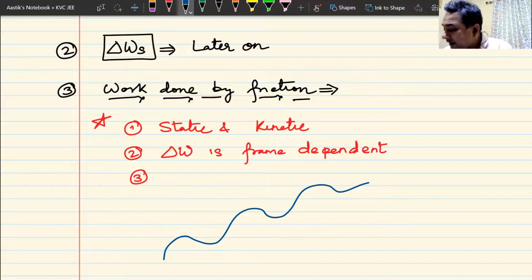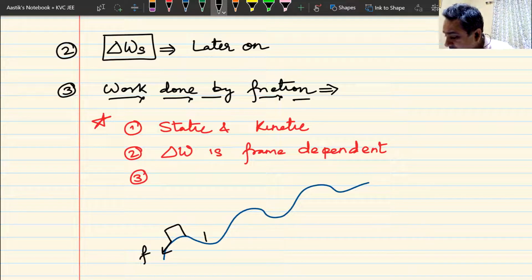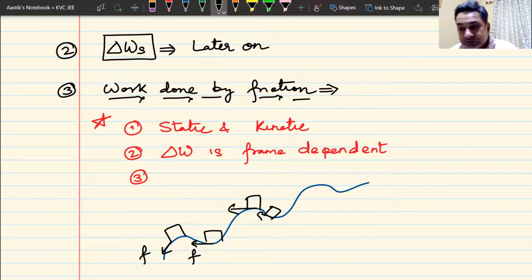If this is a zigzag path and my car is moving here on this zigzag path, at this point, the direction of friction is like this. But if I come to this point, the direction of friction becomes like this, even though the value is same. If I come to this point, the direction of friction is like this. When I'm here, the direction of friction is like this. Friction is continuously changing its direction. Viscous force is continuously changing its direction. It's always opposite to the direction of relative motion.